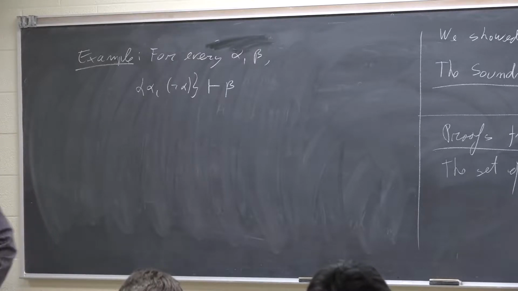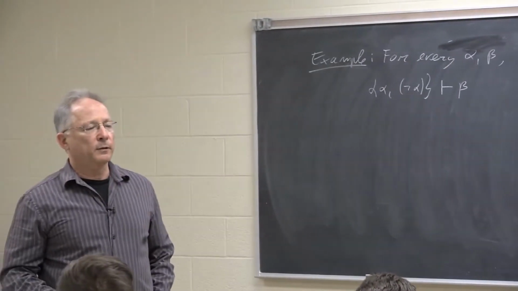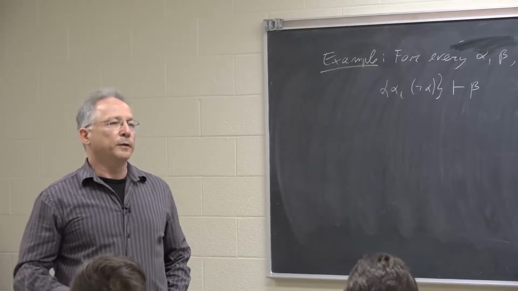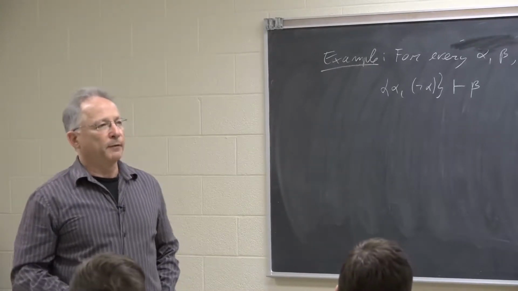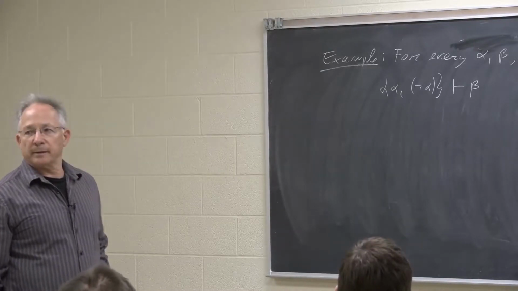We've already seen it, but in the context of semantics; now it is in the context of syntax. From a contradiction, we can prove anything. If I have both alpha and not alpha, then I can prove beta no matter what beta is.